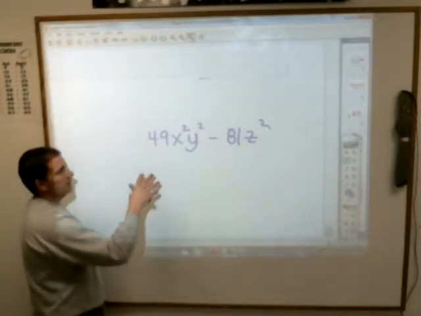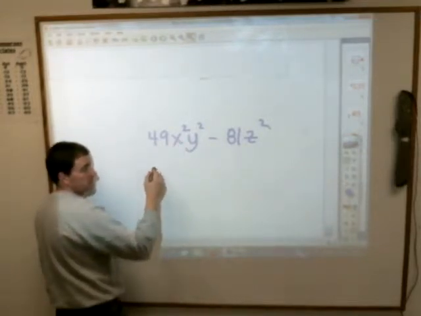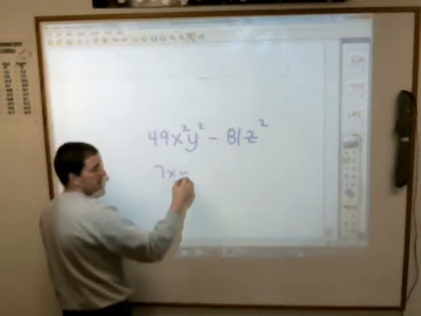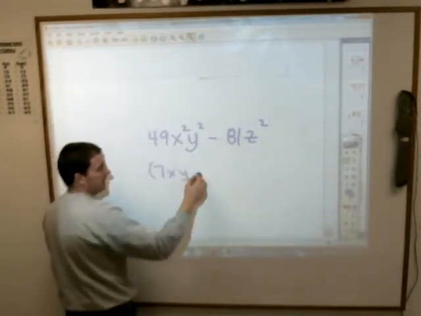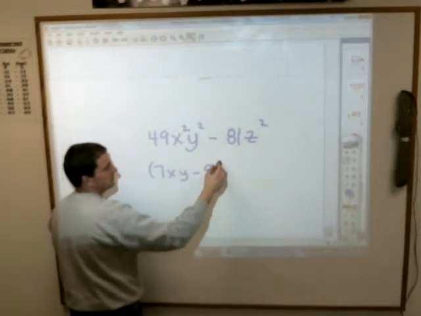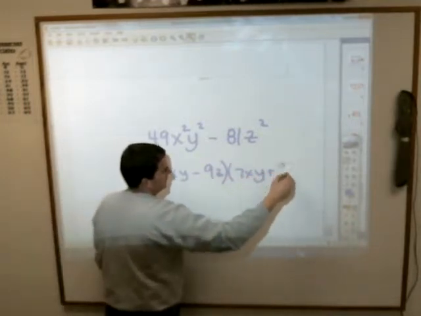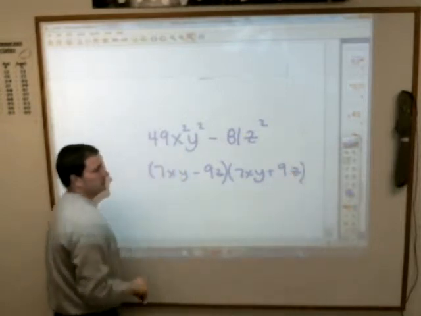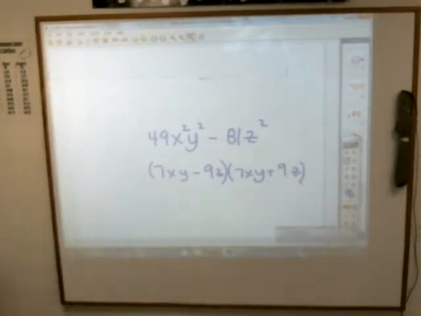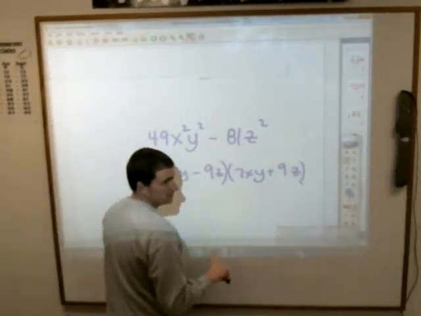All you have to think about is what would be the square root of this? 7xy minus 9z times 7xy plus 9z. As long as they're perfect squares, it works. As long as it's minus and or plus on those sort of things.